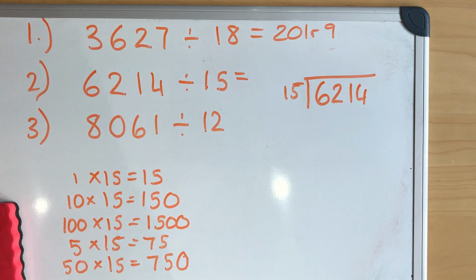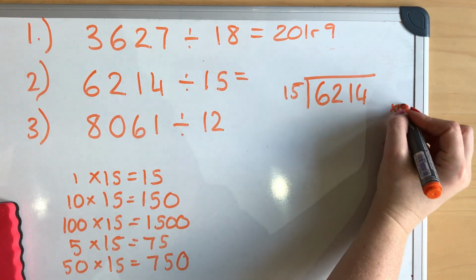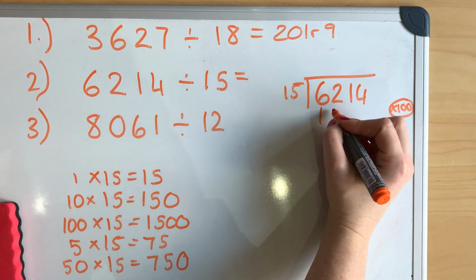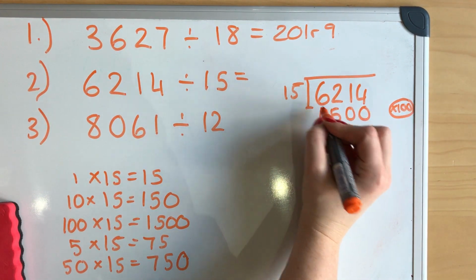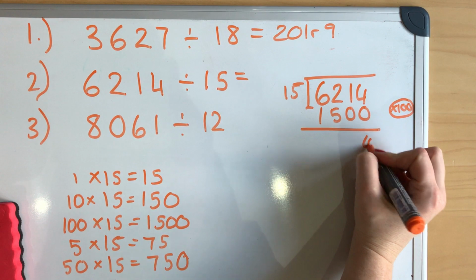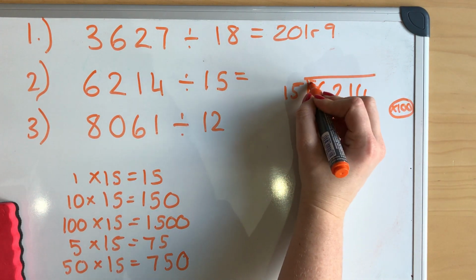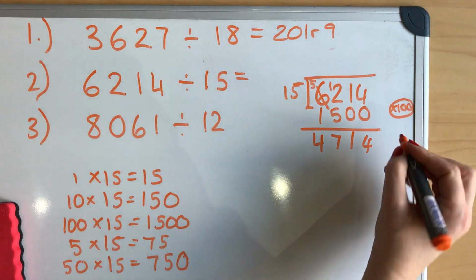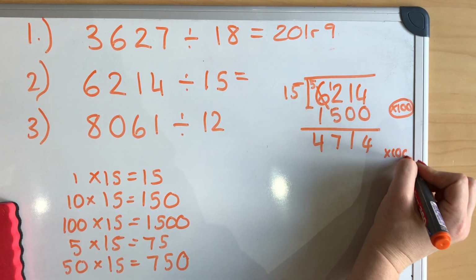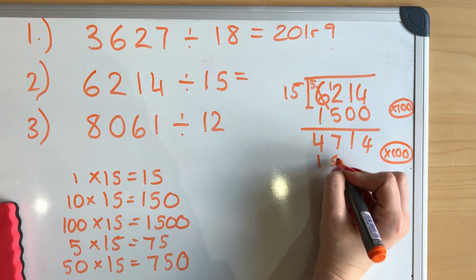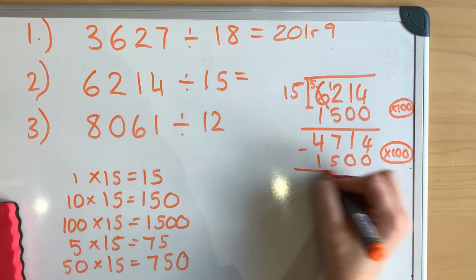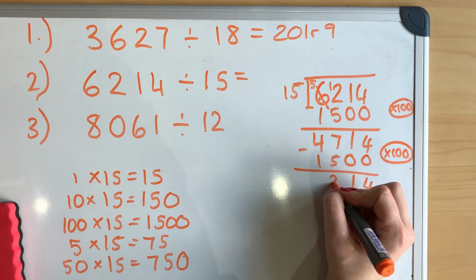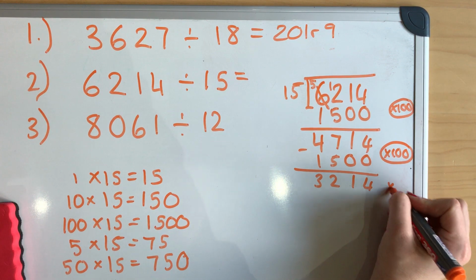So now I'm going to go back to this, and I can take a group of 1,500. Again, I can take another group of 1,500. I can take another group.